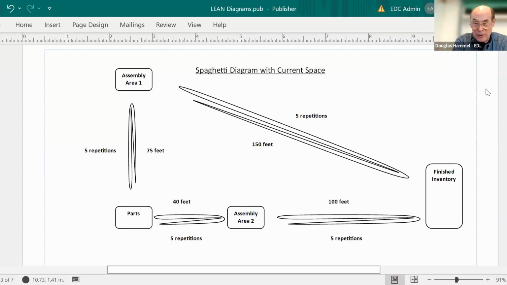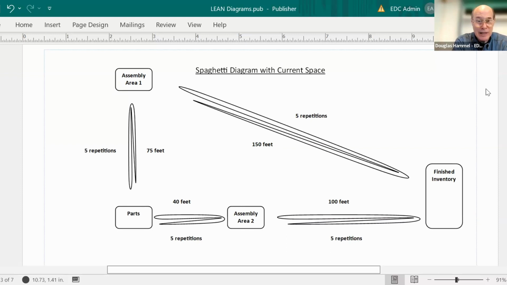Then those assembly areas took their finished products to finished inventory, and one had 5 repetitions at a 300 feet round trip, and one had a 200-foot round trip at 5 repetitions. Now, that just drives me crazy to see people walking more than a mile every day, taking time away from actually value added work, and walking with parts is not value added.